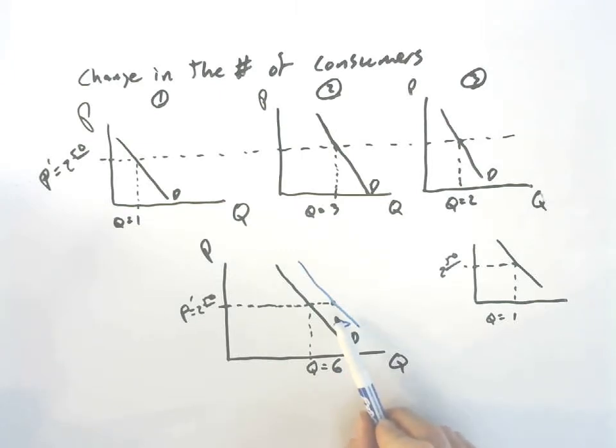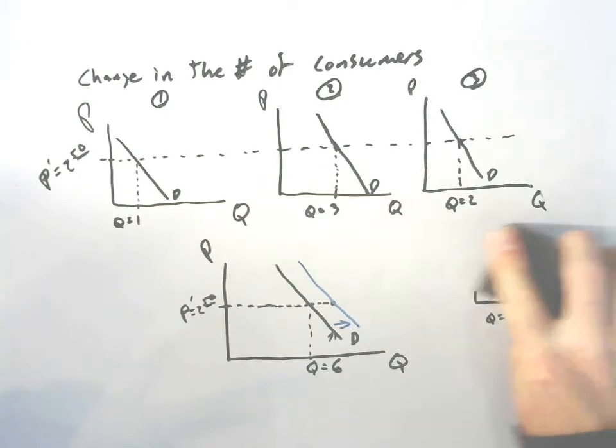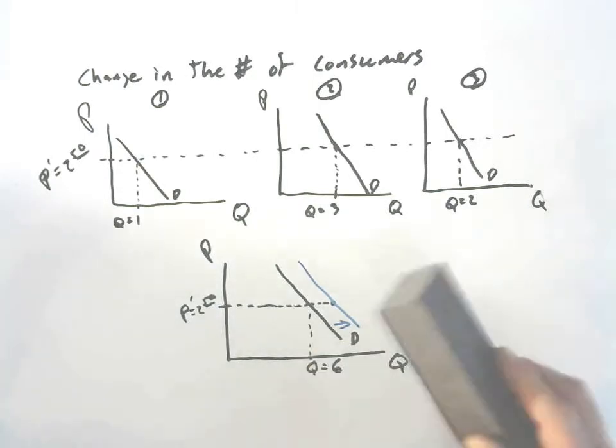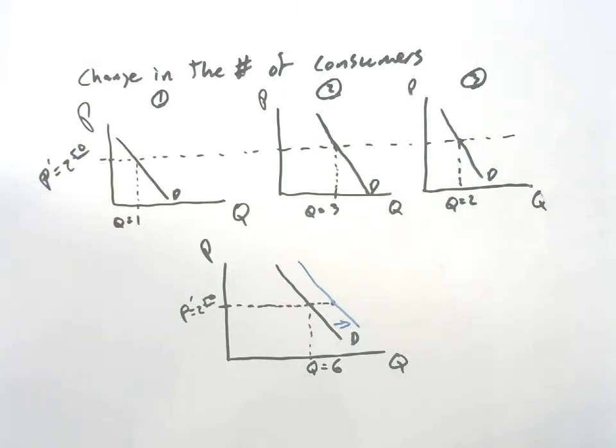for hamburgers. Now let's assume that we are back at this original demand curve, so that this person never exists. That was just an experiment, and we'll pretend that person never exists, and we're back at this demand curve again, the black demand curve. Now, let's assume that one of you goes on a diet or becomes a vegetarian or something.